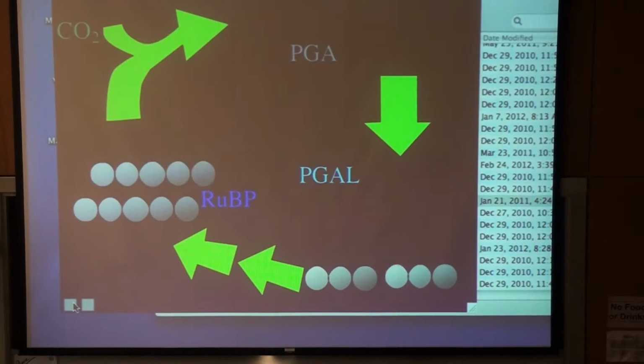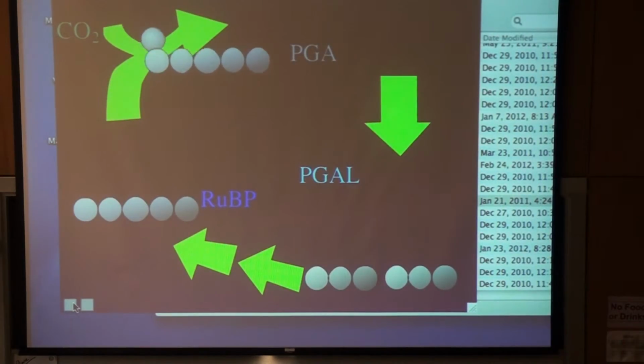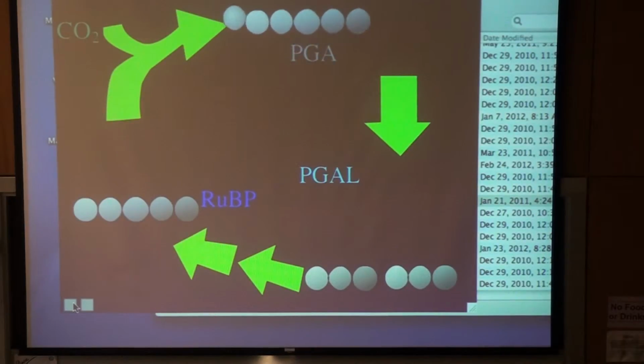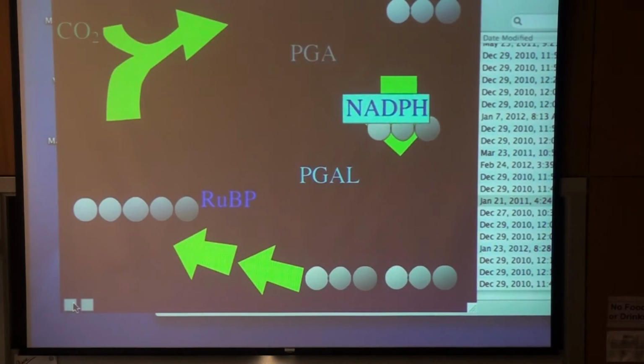Well, oh well. So anyway, the point I was going to make is that notice for every one RUBP that went through this part of the cycle, we ended up with two PGALs. And so now we'll watch the next RUBP go through. Same thing, that Rubisco enzyme fixes carbon dioxide onto it, so you end up with two PGAs. They go through that particular enzyme and get changed into PGALs.